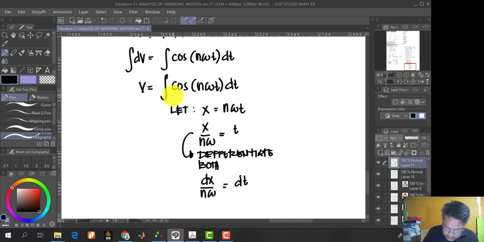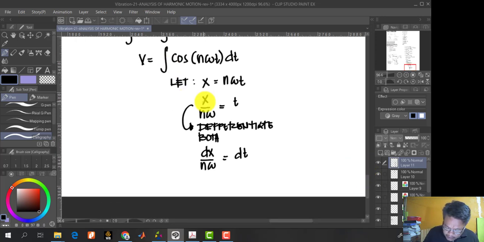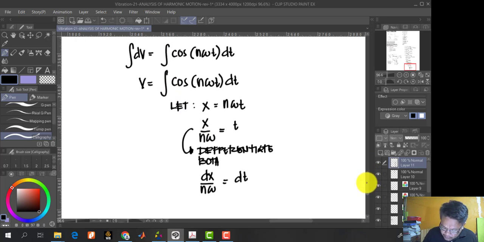Then, I can substitute dito sa equation natin yung values na yan, no? So, substituting. So, equal natin yan, so that will be the integral of cosine. Now, this one, anong value natin to? So, that will be n angular velocity times, and naglet na tayo substitution by variable, so that will be cosine of x. Then, the value of my dt.